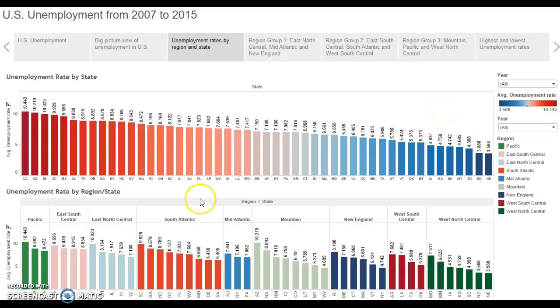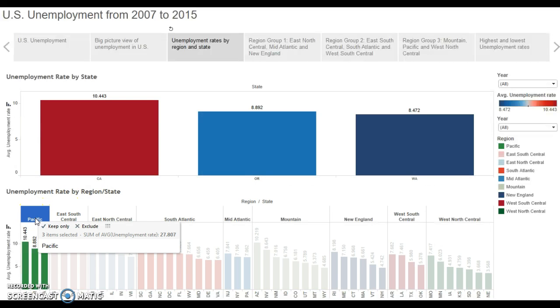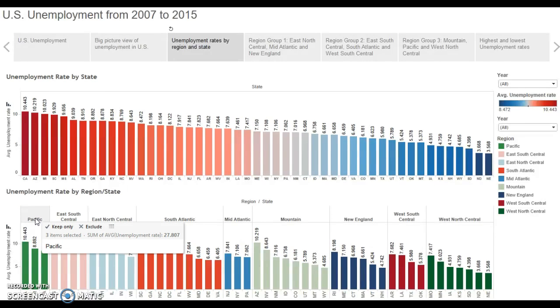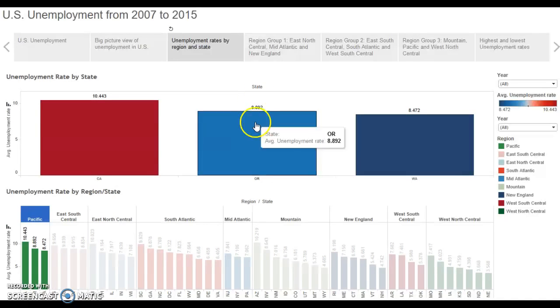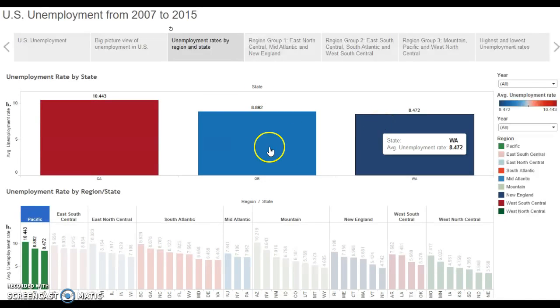And then I broke down the U.S. into nine regions. Again, you can see the Pacific region has pretty high unemployment rates, 10.4, almost 9, and 8.4%.